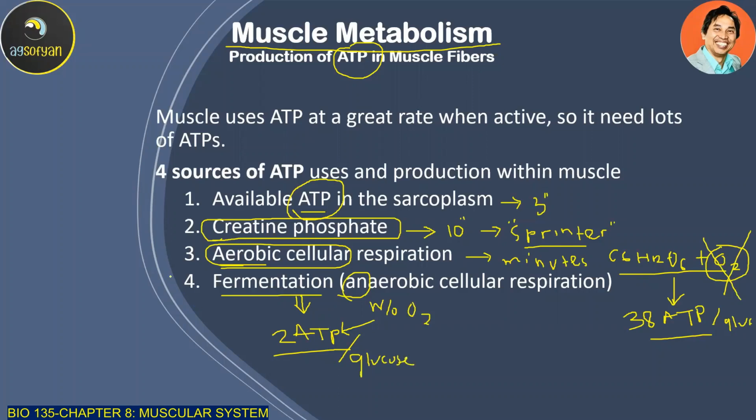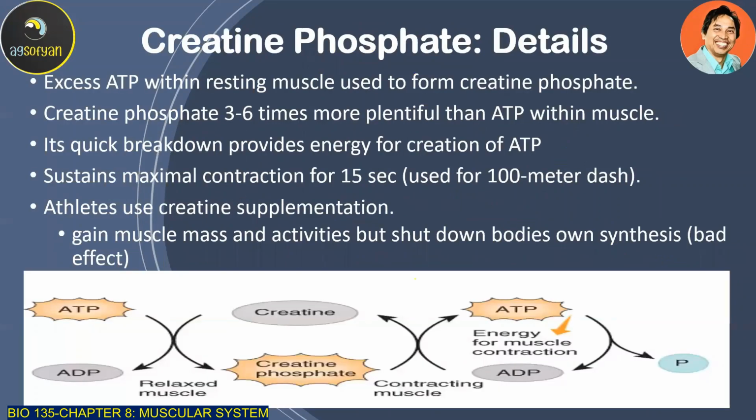Okay. So again, these are the 4 main sources for muscle contraction in the skeletal muscle. We see the creatine phosphate. Remember, I mentioned before that creatine phosphate is a kind of storage for ATP in muscle tissue. So when it is needed, it can be converted into ATP, and this ATP can then be used for muscle contraction.